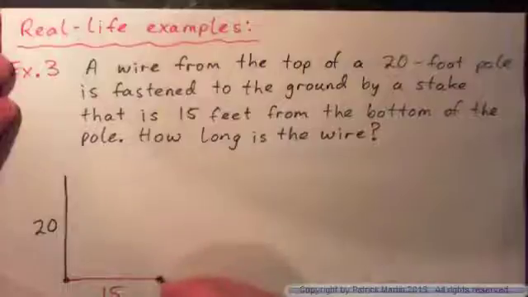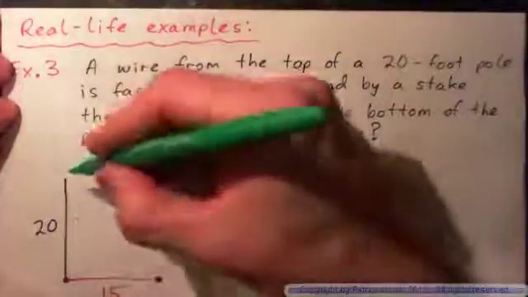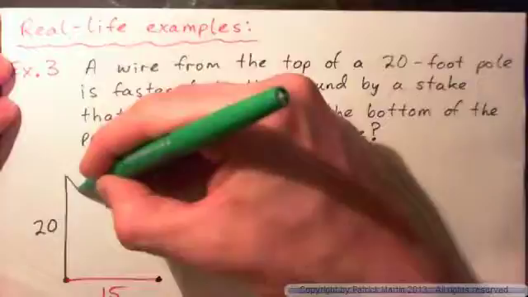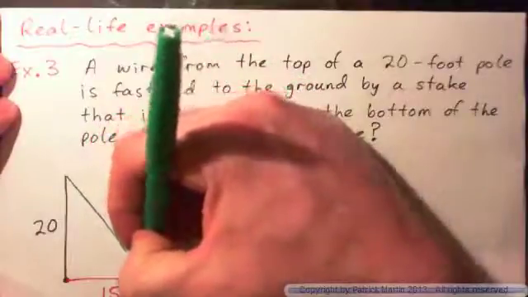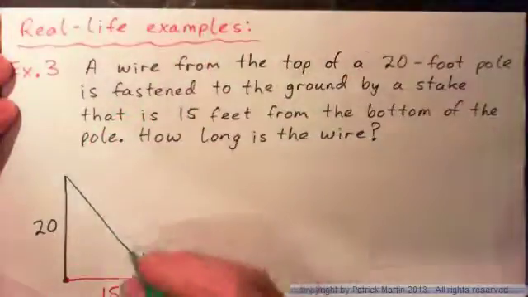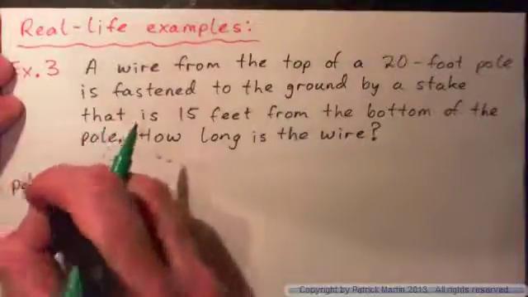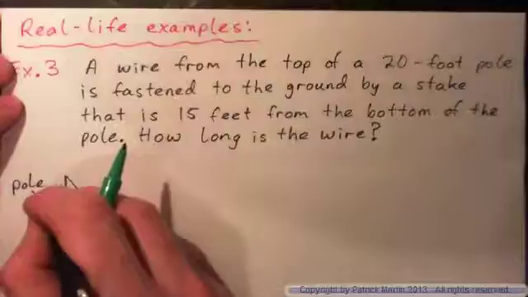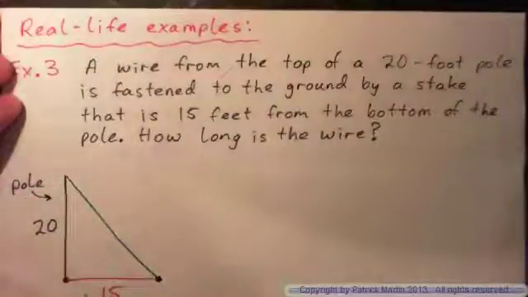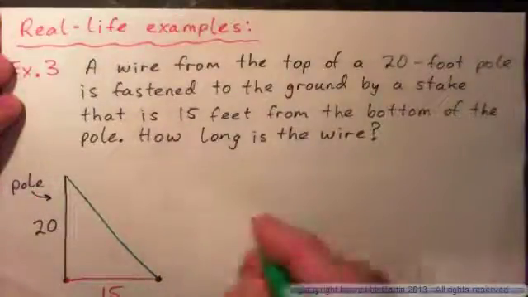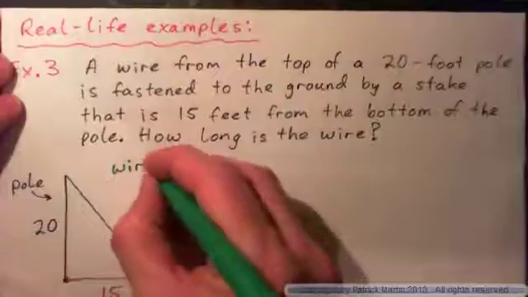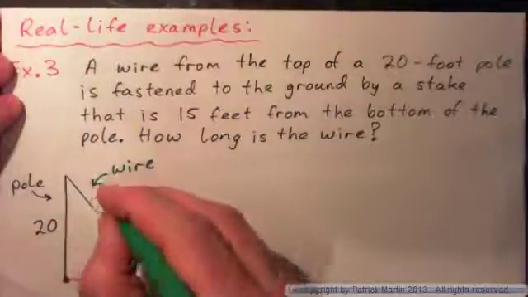Okay? And then the wire comes straight down like that, making a triangle. So this is the wire, right? So the pole is this thing. This is the distance from the bottom, and the wire is this line here.